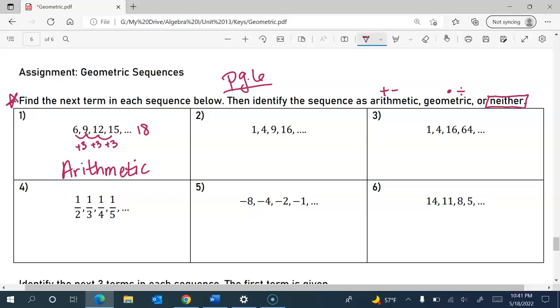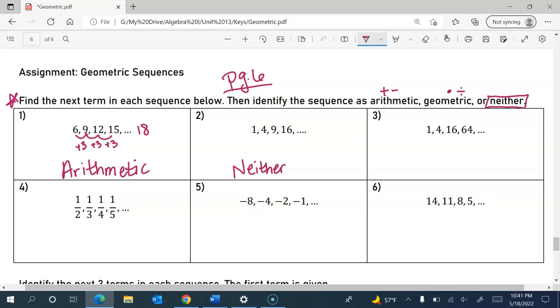What times 1 gets me 4? Well, the answer is 4, right? Well, 4 times 4 is not 9, is it? Right? 4 times 4 is 16, which is this one, but it needs to be the next term. So since I'm not adding the same thing each time, and I'm not multiplying the same thing each time, this is going to be neither.